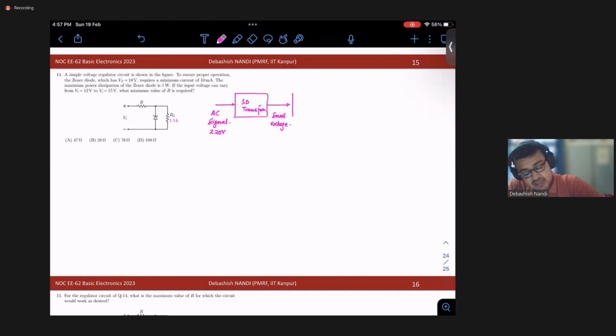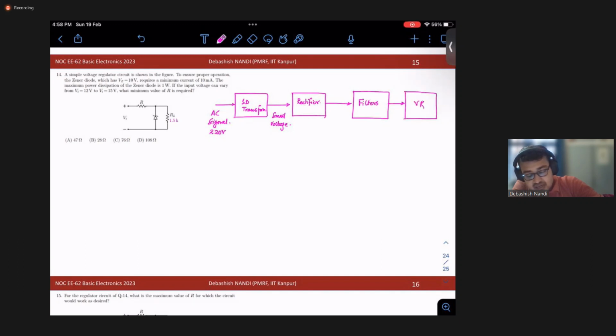The rectifier output will have ripples, so to accommodate that, you use filters. Then you use voltage regulators. Then you have your final stable DC output. At this stage, your Zener diodes are used.